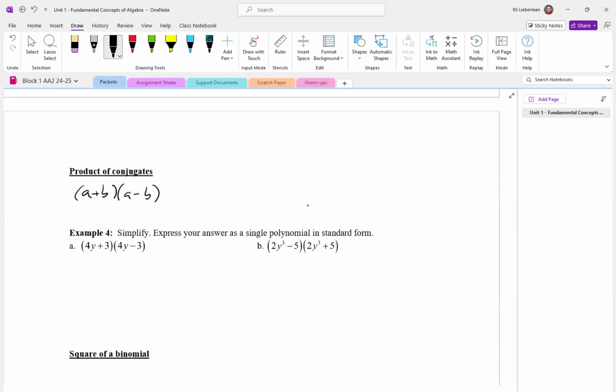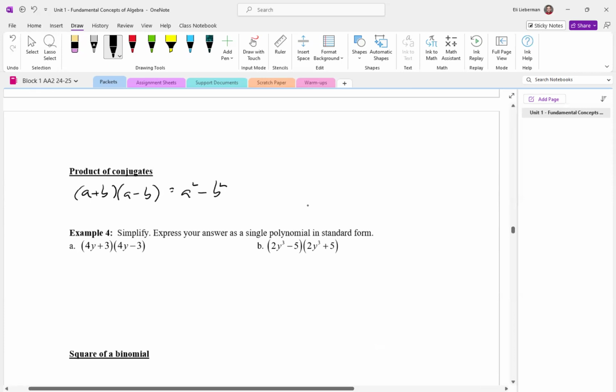It's just A plus B, the conjugate is A minus B. How would you put that into words, though? A binomial sum becomes a binomial difference. A binomial difference becomes a binomial sum. But the product of the conjugates is always the same. It's going to be A squared minus B squared.